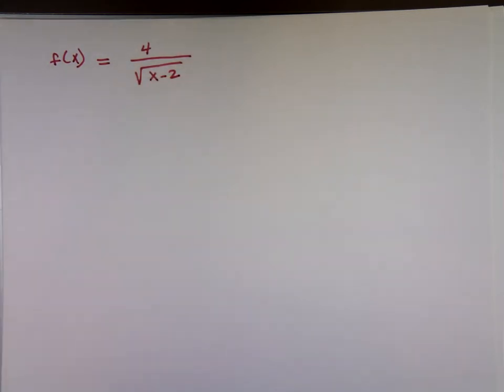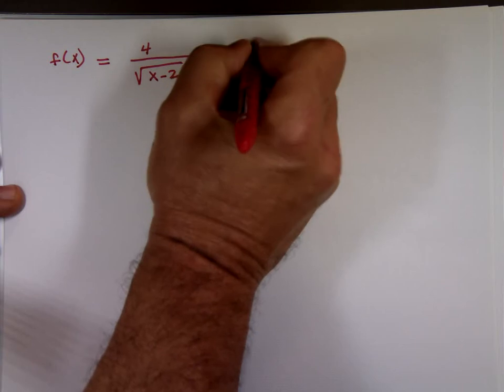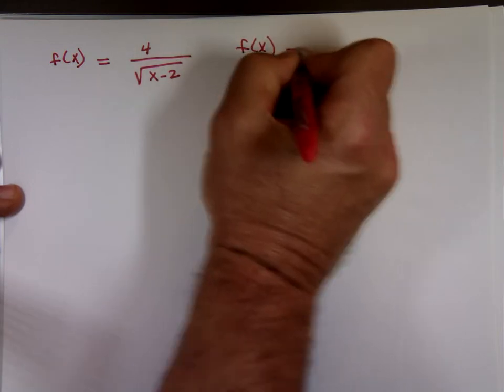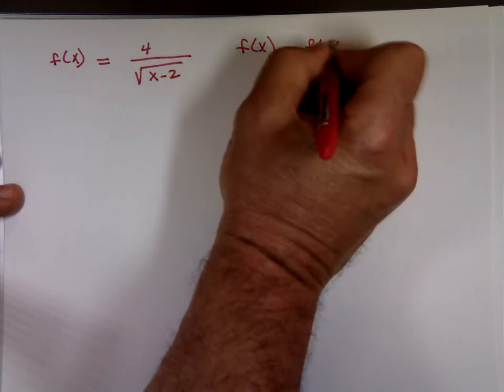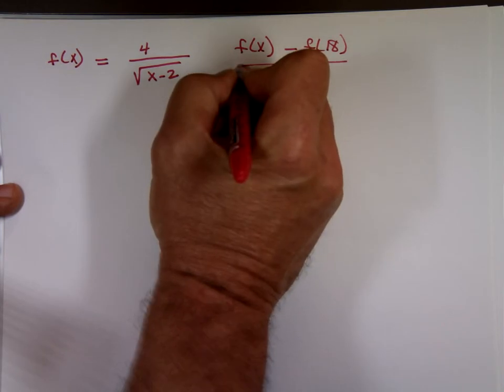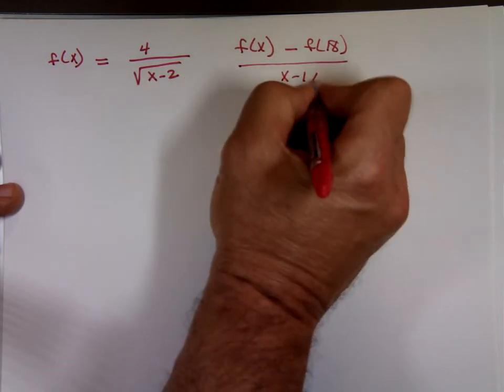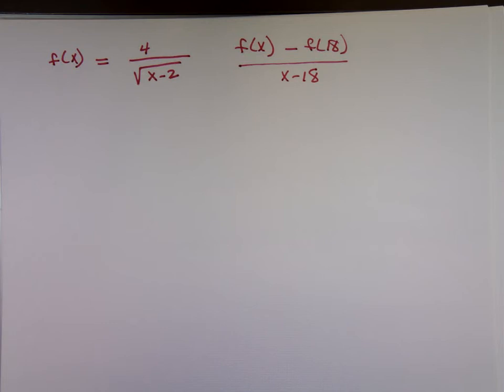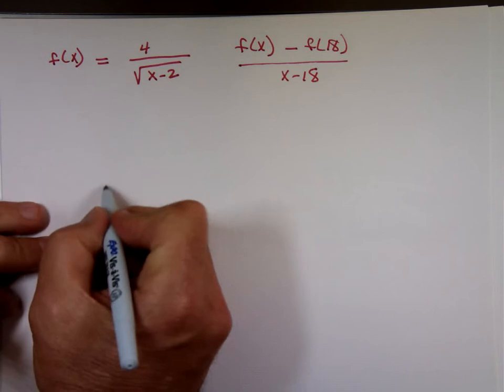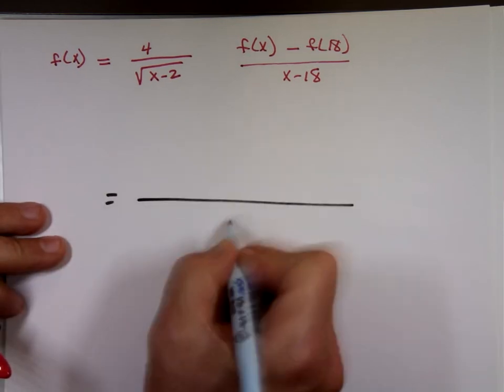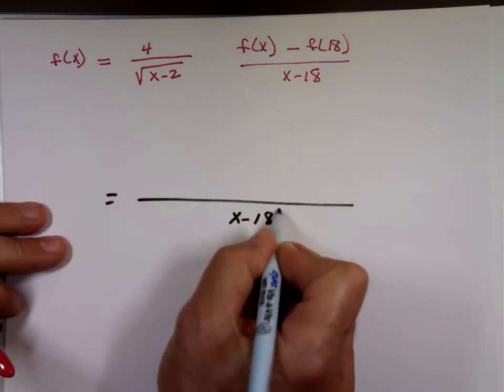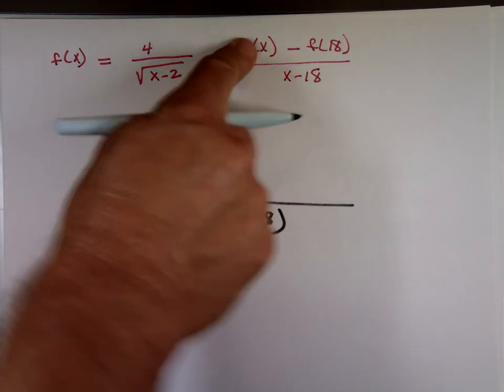And the question, what is f of x minus f of 18 over x minus 18? Well, I know what f of x is. I'm leaving a space here. So that's going to be, that's the bottom. F of x, we know what that is.